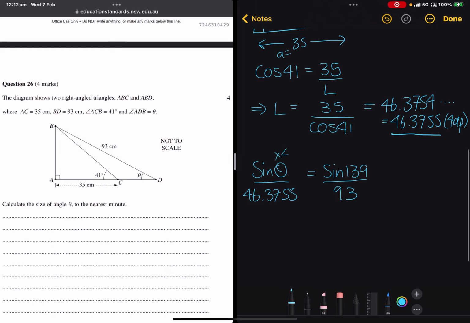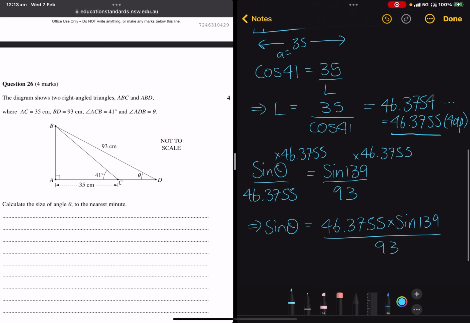So multiply both sides by 46.3755. This gives me sine of theta is equal to 46.3755 times sine of 139 divided by 93.